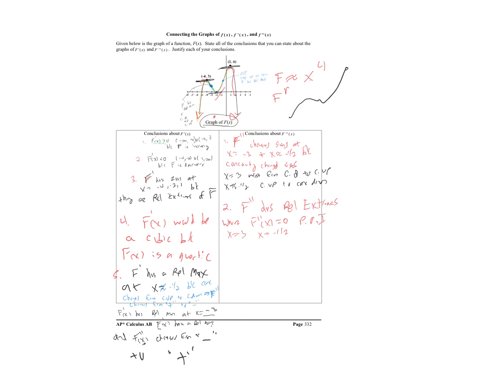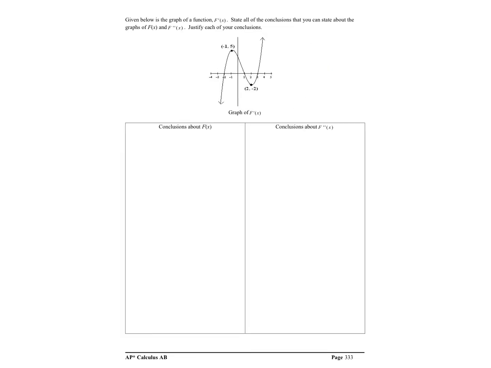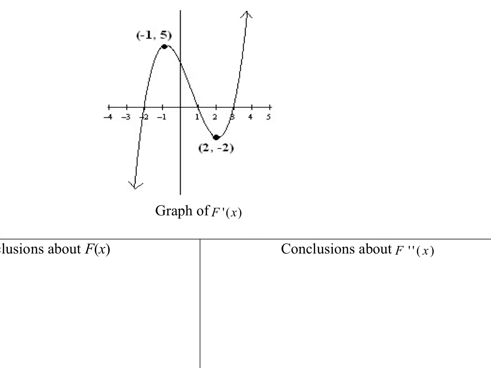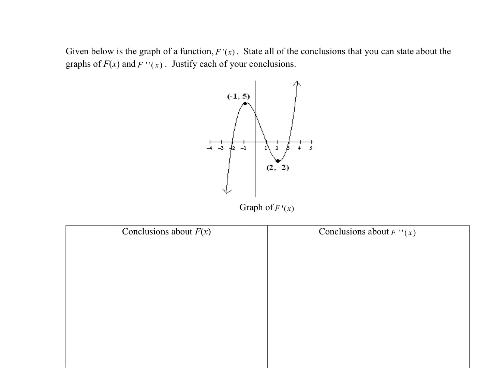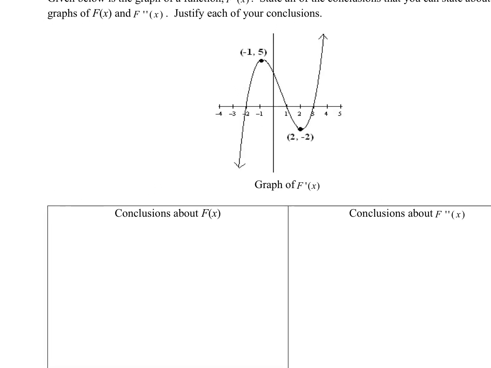Let's try to get another problem in. This graph is a graph of f prime. So I'm looking at f prime, and I'm going to talk about conclusions about f. The first thing we learned a long time ago was f must be increasing, but please don't start here and go all the way up to here.